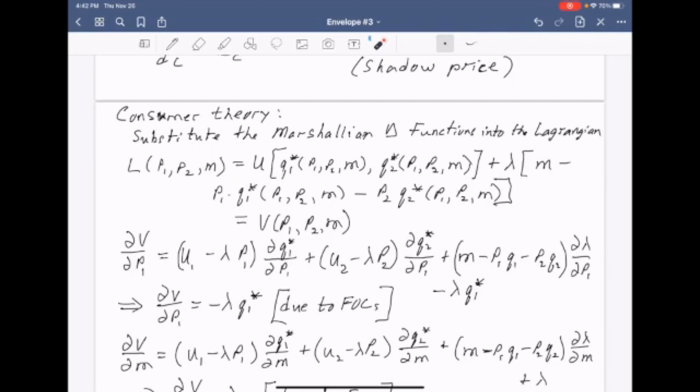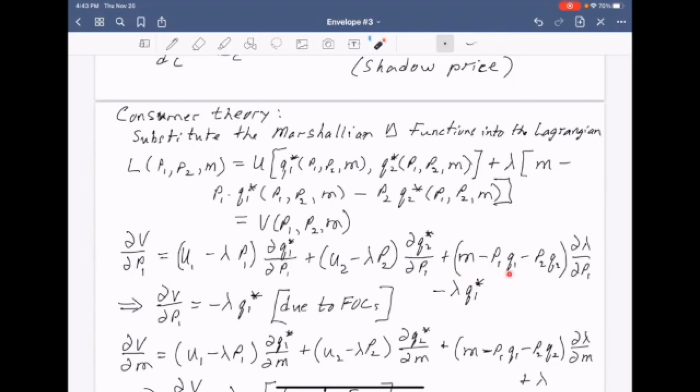P2, and M. So we take the partial of the value function, the maximum value function with respect to P1, and that gives us the marginal utility of 1 minus lambda, the price of 1, multiplied by the partial of the Marshallian demand function with respect to P1, and we get the same kind of result for the second good, where we get marginal utility of the second good minus lambda times the price of the second good, that whole expression multiplied by the partial of the Marshallian demand for the second good with respect to P1.